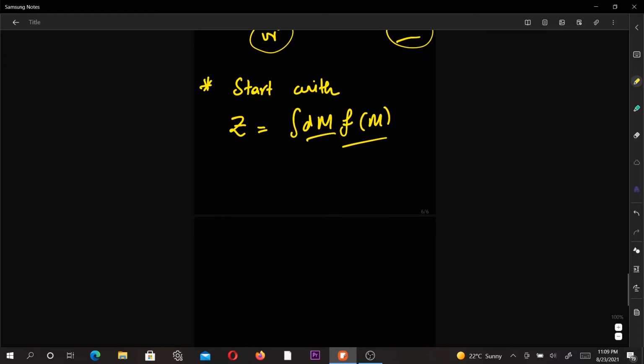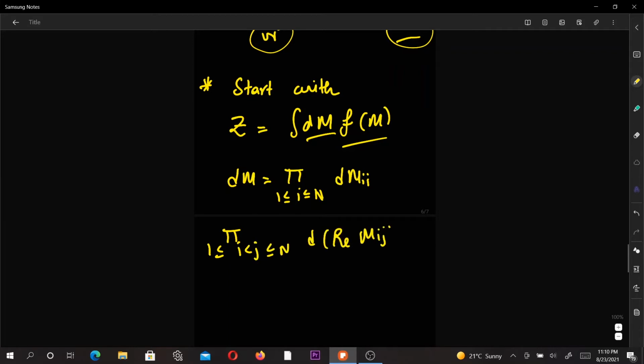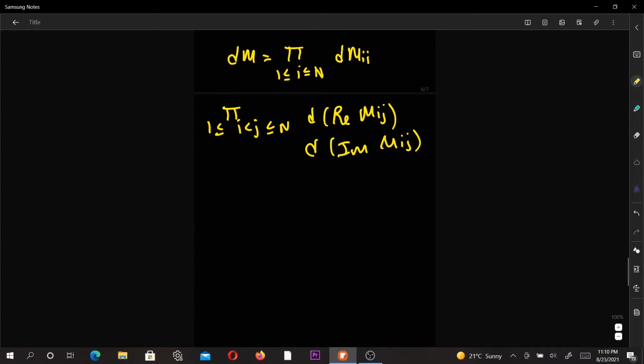So we are just taking a general case of f of M, and dM is the measure. You can write dM as the product of dM_ii, the diagonal part, and the off-diagonal part, for i less than j up to N, d of the real part of M_ij and d of the imaginary part of M_ij. So this is the measure.